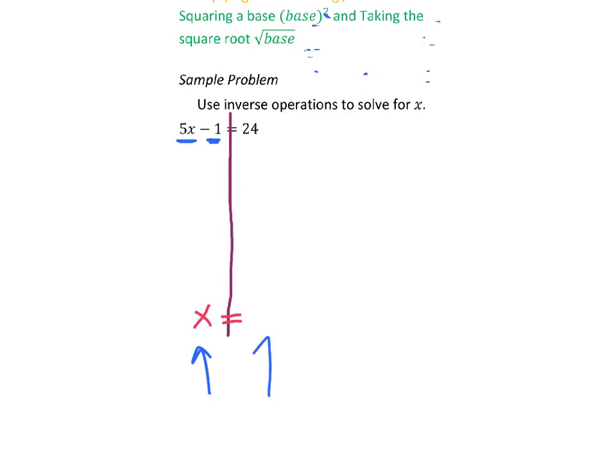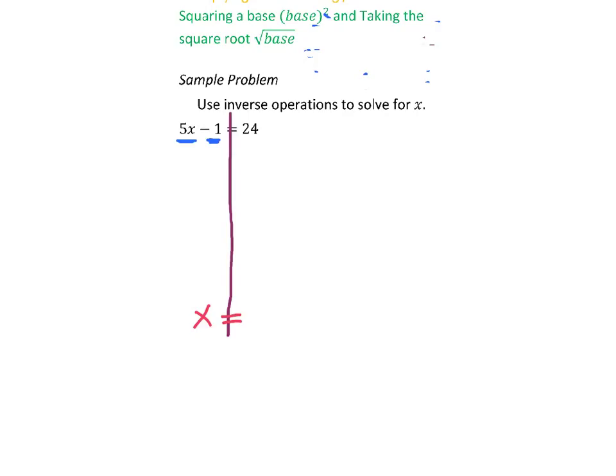We're not looking at this side at all because x is not there, so we don't really care about that side right now. All we care about is canceling things away from the side where x is at. So this is the side we're going to be canceling things away from. And like I said, we want to start with whatever's farthest away from the x. So that's kind of like a shortcut. That's kind of like a general rule of thumb.